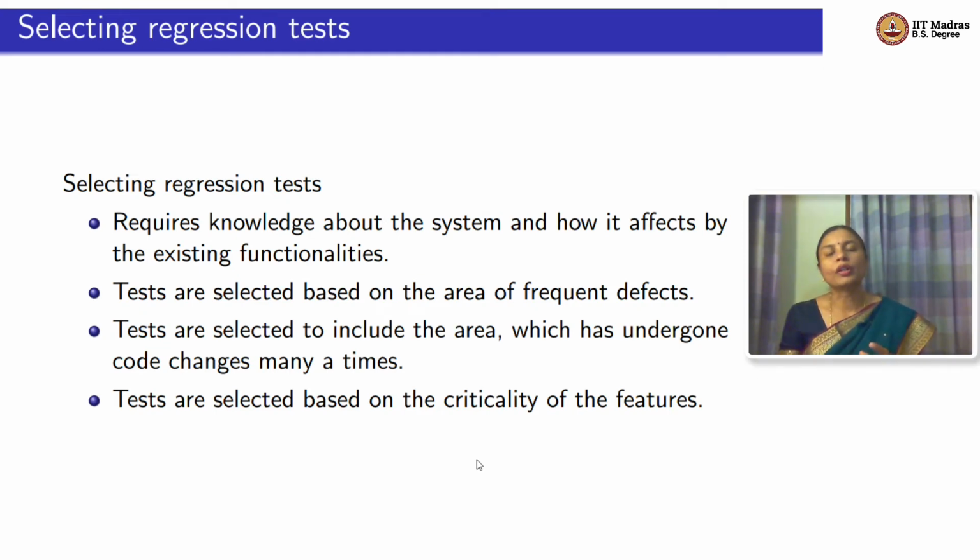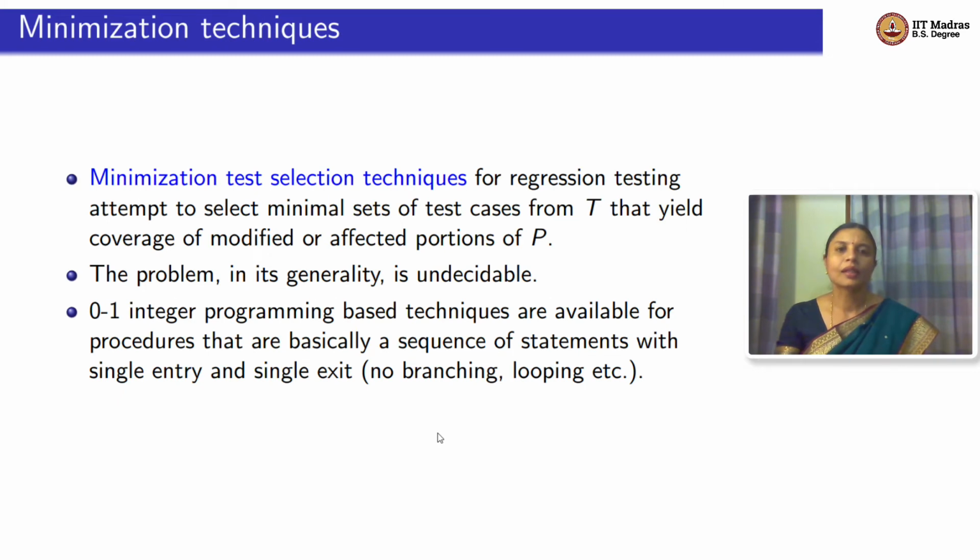Maybe you could identify test cases covering portions of the code that have undergone frequent changes. Maybe they were defective, or they asked for a lot of features. For some reason, a particular part of the software has undergone frequent changes, so maybe you would like to test that. Maybe you would like to test based on the new critical features and the older critical features that you had. These are some sample criteria that you could apply to select regression test cases.